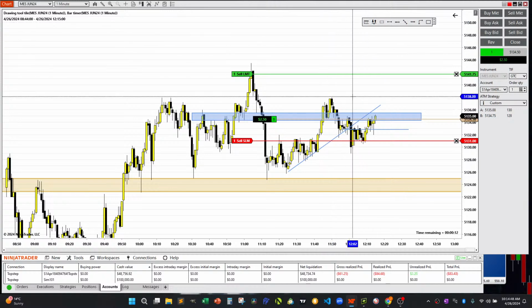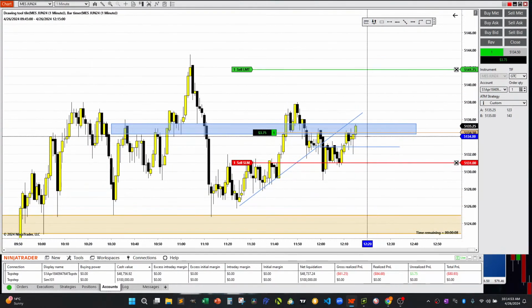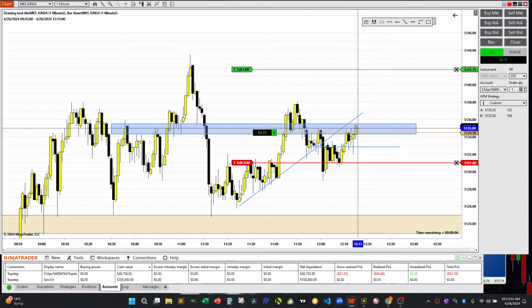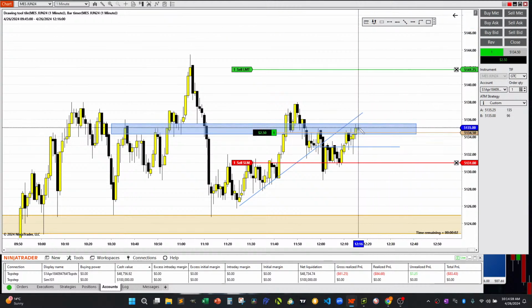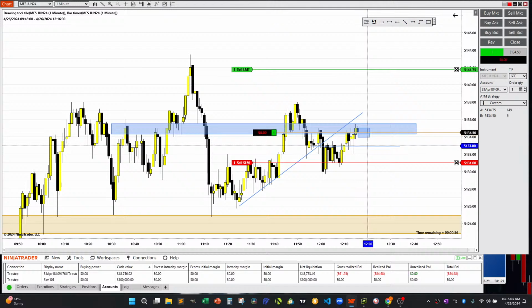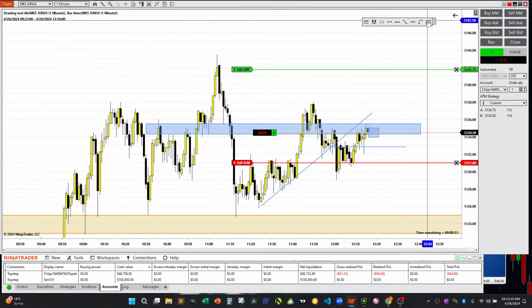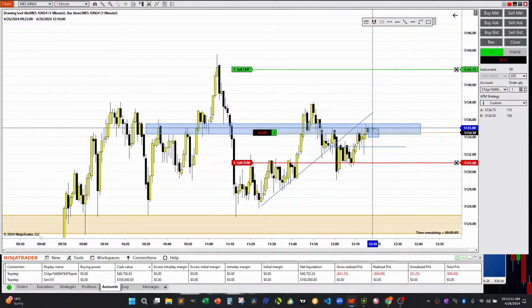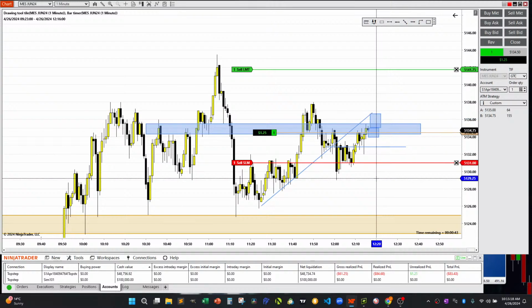So if we were to take that as a current theory example now, our entry would be here. Basically, but in that candle. And then it would basically do one line for the risk. And then for the gain, we would be looking for something like that.